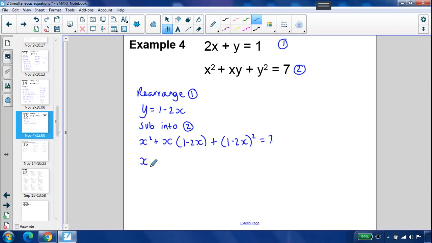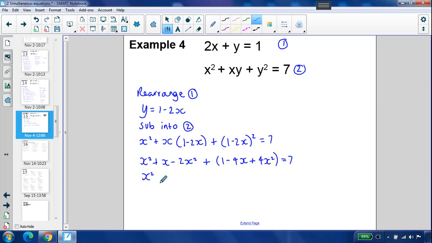So I've got x squared plus, I'll expand this out, x minus 2x squared. And then here we've got a double brackets to expand. So again, if you need to break this down, please do. 1 minus 4x plus 4x squared you should get. Now I'm going to just move everything onto one side and collect what I can really.